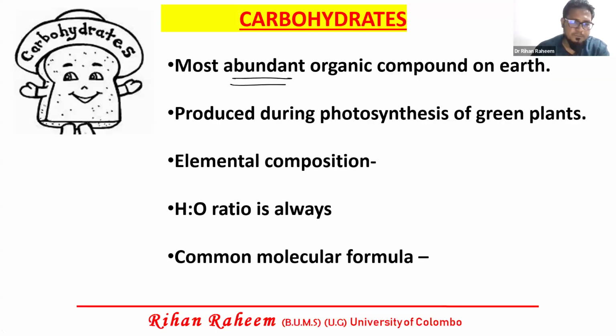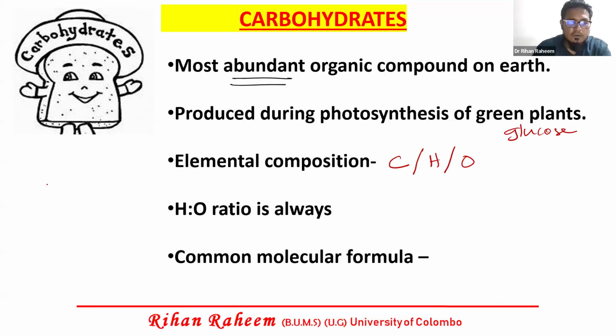Okay, then we came to that photosynthesis story. Green plants are producing glucose. Then the elemental composition of carbohydrates are carbon, hydrogen, and oxygen. These carbohydrates are made out of these elements. Now, example for carbohydrate is glucose.